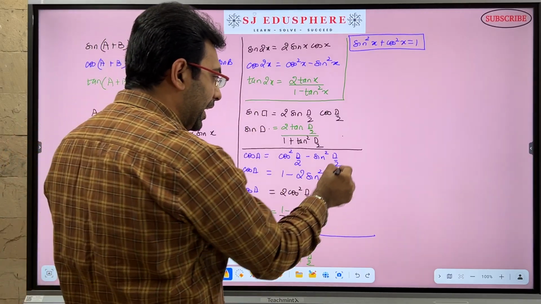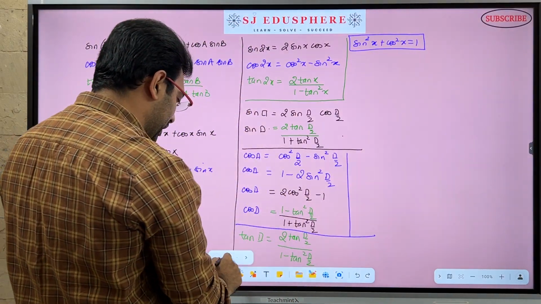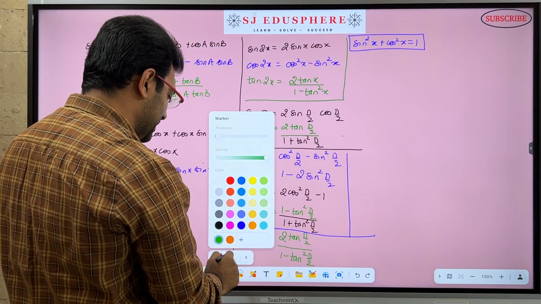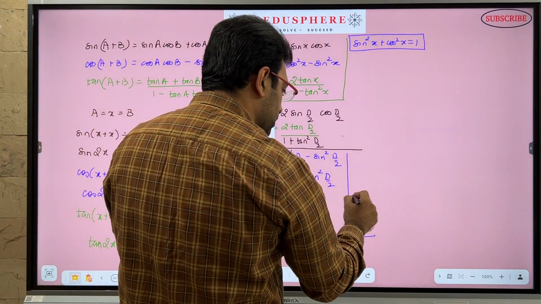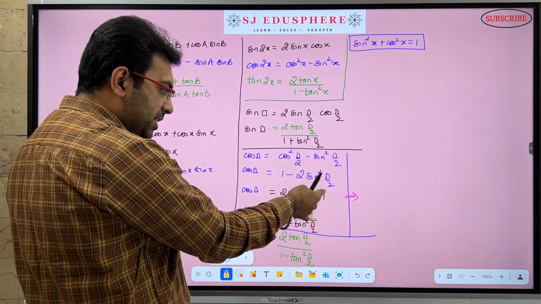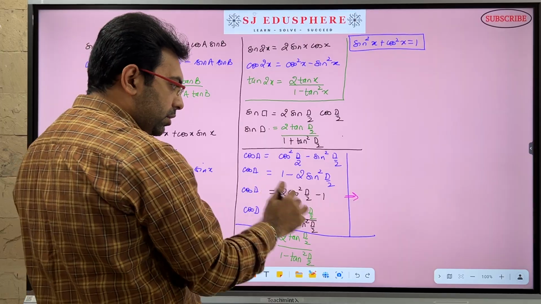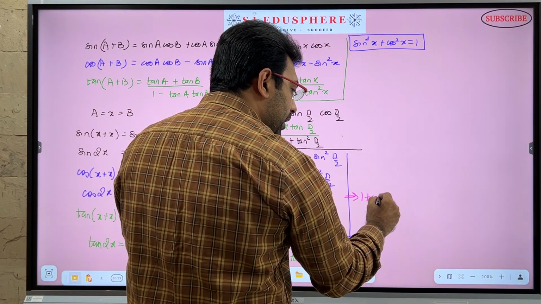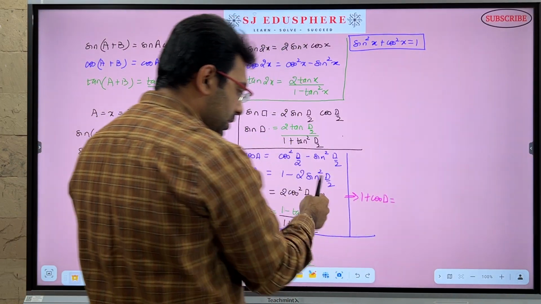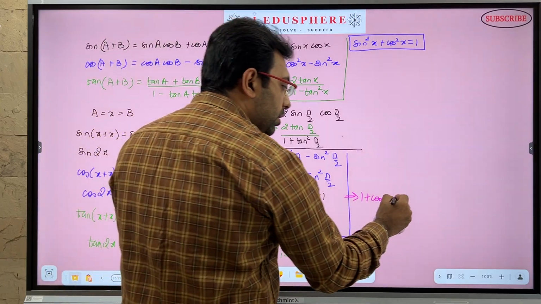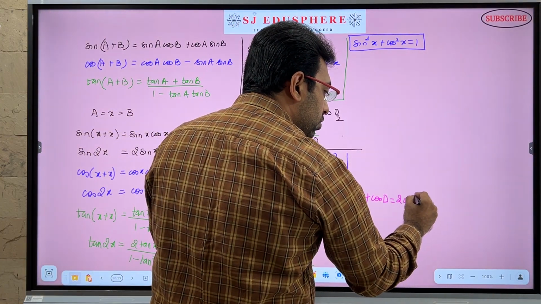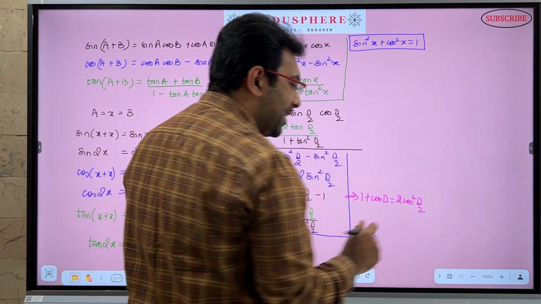Now, look carefully. Can I play a little further and say, if I transfer this minus 1 over here, will I have 1 plus cos box? If this minus 1 comes over here, I have 2 cos square box by 2.